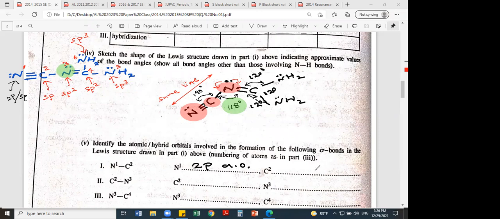Then C2 will be, look at the structure, C2 here sp hybrid orbital. Then C2 again, sp hybrid orbital, and N3 will be sp2 hybridized orbital.